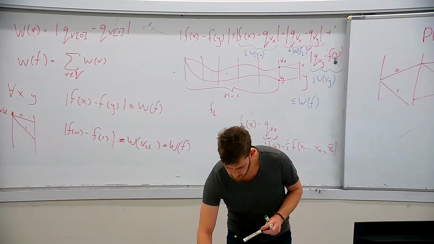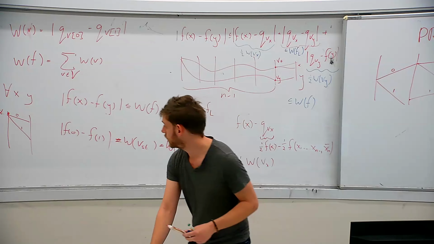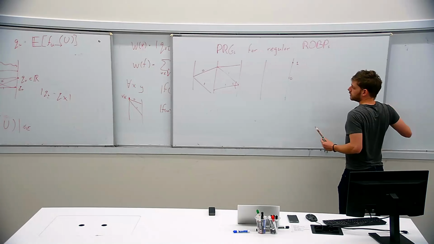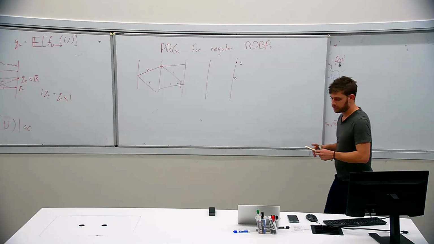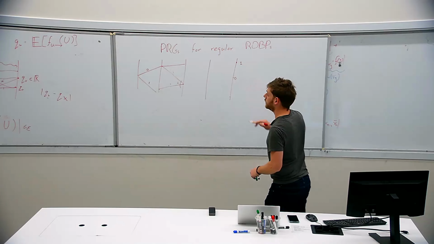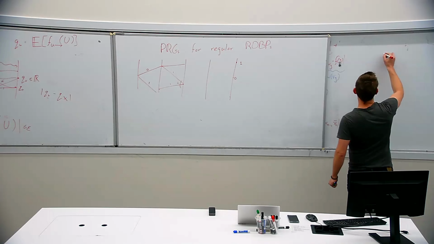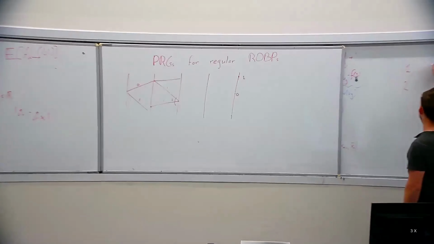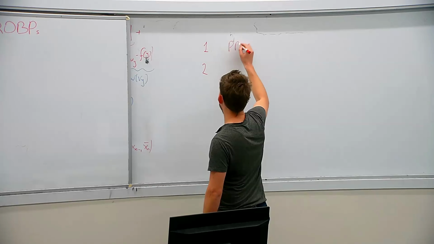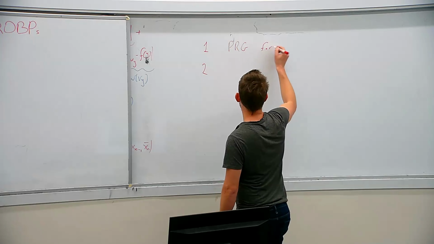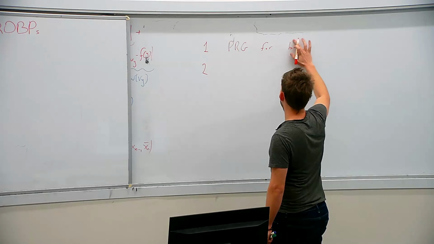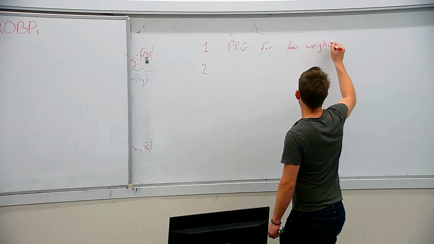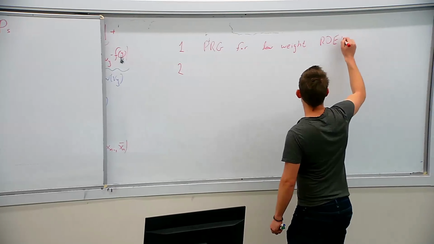Okay, let's move on. Now we're more familiar with our ROEPs, and we'll prove some things about them. So one, we'll show a PRG for bounded weight or low weight ROEPs.